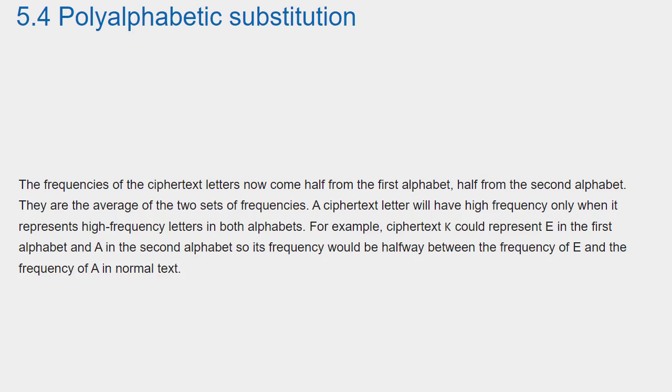A ciphertext letter will have high frequency only when it represents high-frequency letters in both alphabets. For example, ciphertext K could represent E in the first alphabet and A in the second alphabet, so its frequency would be halfway between the frequency of E and the frequency of A in normal text.